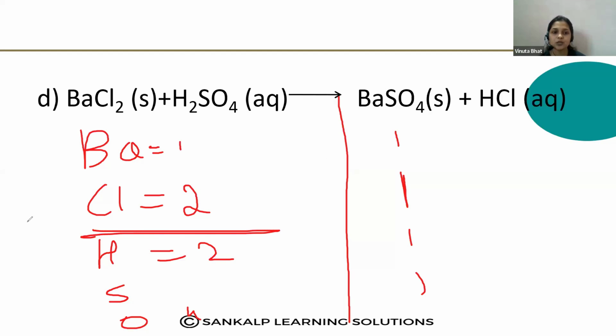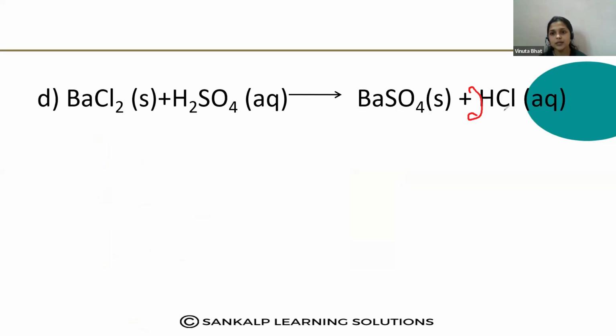To balance the chlorine, I will add 2 HCl here. Let us see. Chlorine is balanced. Hydrogen is 2 now.